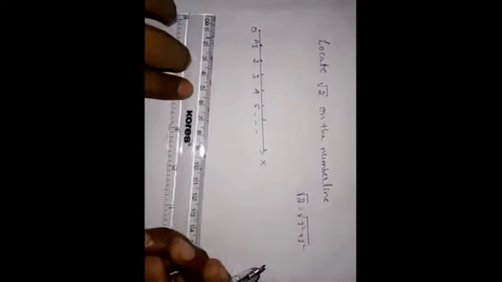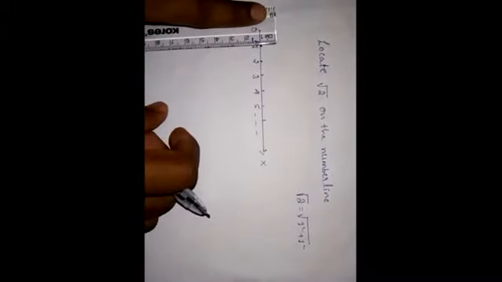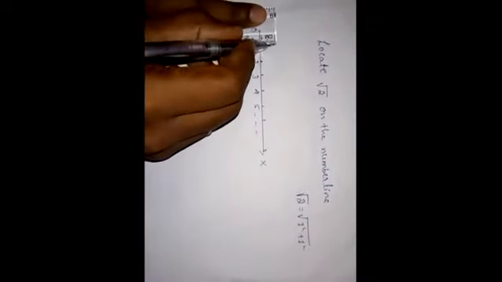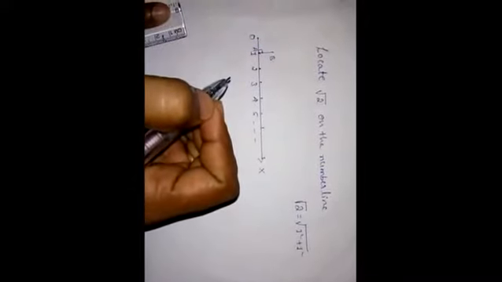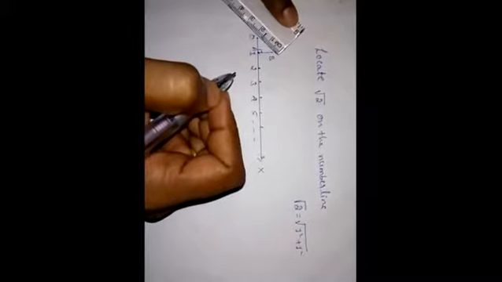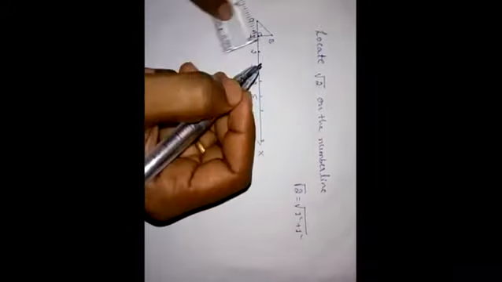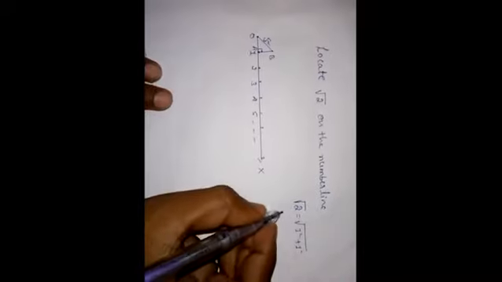And along the y-axis also we take 1 unit, perpendicular to the x-axis, and mark this as B. Then join OB. It gives the value root 2 according to the Pythagoras theorem.